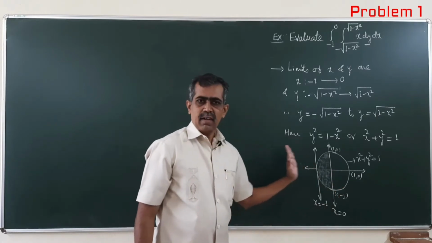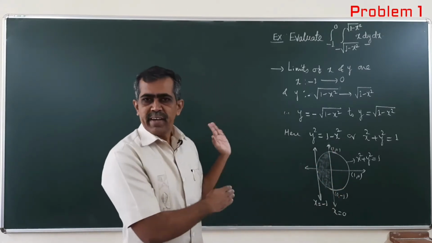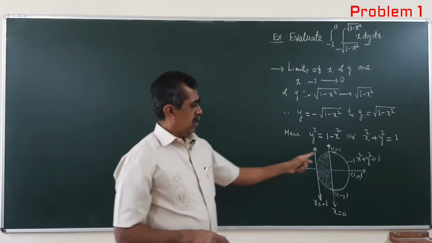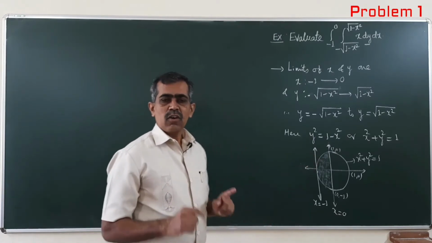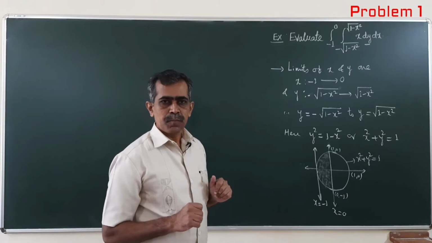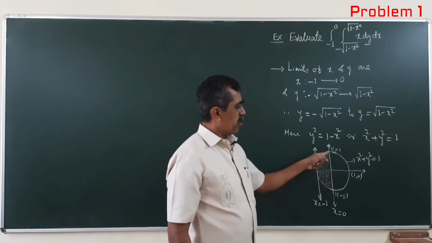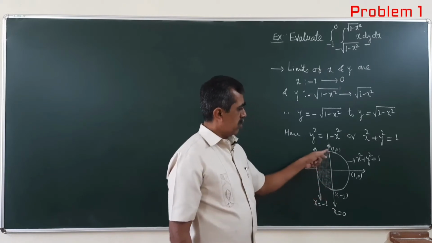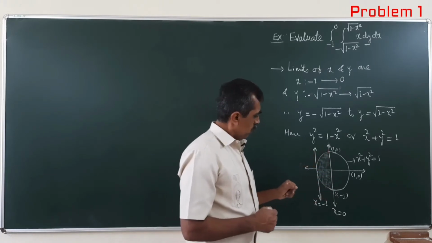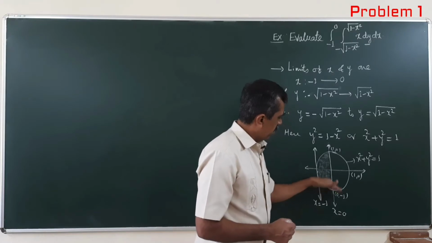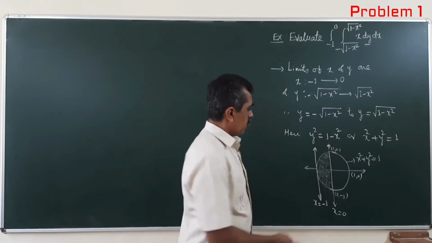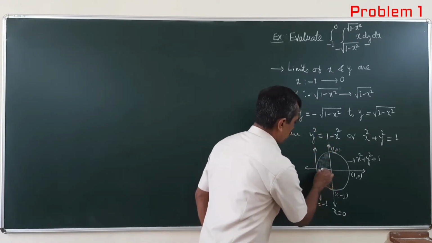The semicircle to the left of the y axis is the domain, or region, of integration here. So y runs from this point to this point, this portion of the circle to this portion of the circle. So this is the domain of integration.